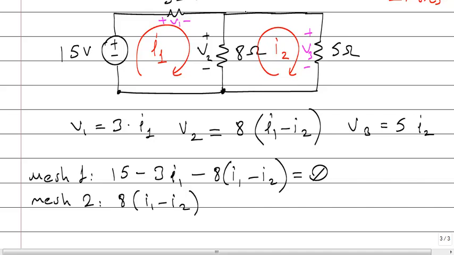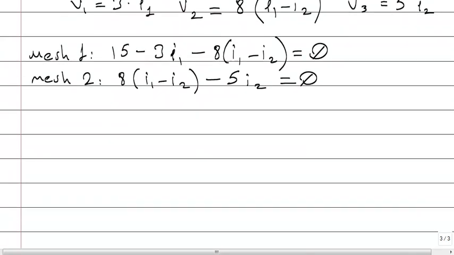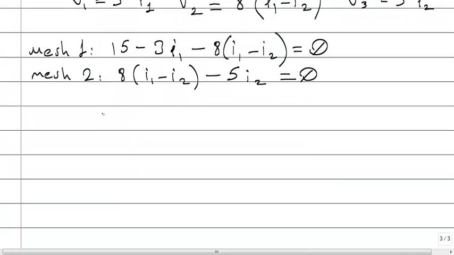And then continue, there is a voltage drop, minus V3, which is 5 I2, is equal to 0. 15 minus 3 I1 minus 8 I1 plus 8 I2 is 0.